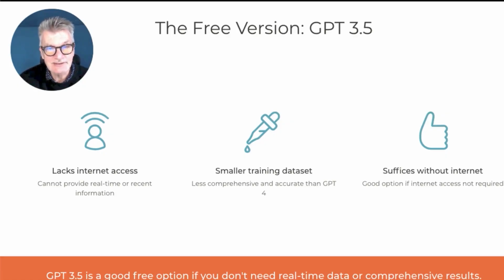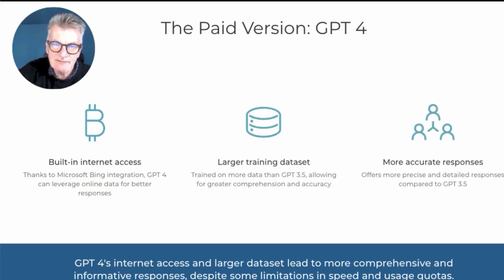This version, while trained on a large dataset, has a smaller dataset than GPT-4, which might then limit its comprehensiveness and its accuracy. ChatGPT-4 then, in contrast, comes with built-in internet access, thanks to OpenAI's partnership with Microsoft. This integration then allows GPT-4 to leverage Bing for sourcing online data, which significantly enhances the responses that it can give.